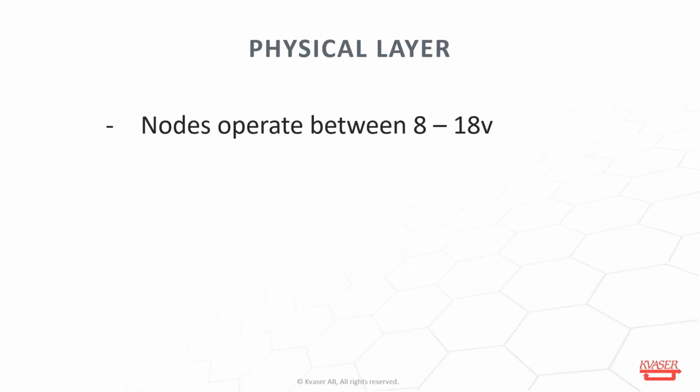But that's the basis for it. Nodes operate between 8 and 18 volts. You won't see high voltage on a LIN. Lower power means less to run the system, basically. So smaller nodes, a little less power to operate them.